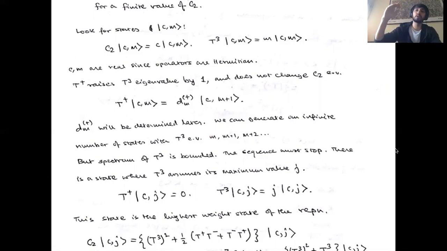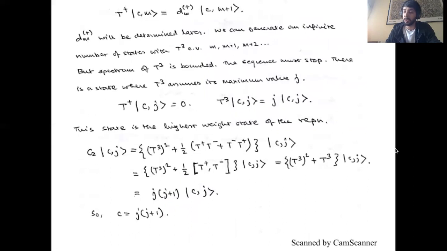So this sequence has to stop somewhere, and it stops with some maximum value of m, which we will call J. You can't go further up with this. This is what is called the highest weight state, and T plus acting on this is going to be equal to 0. T3 again is going to give you this J eigenvalue. So that's great.